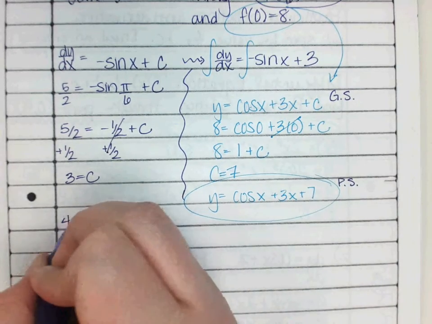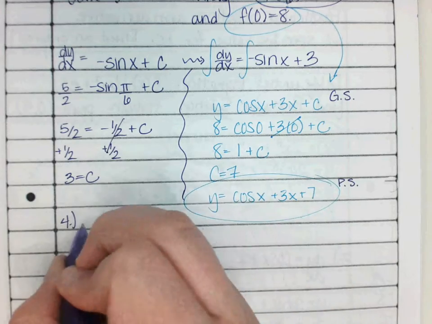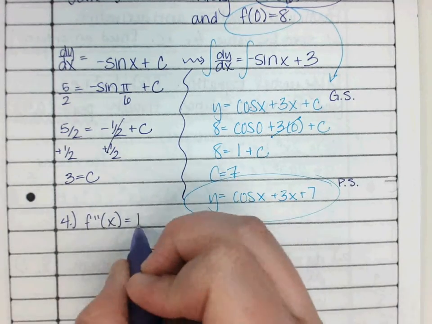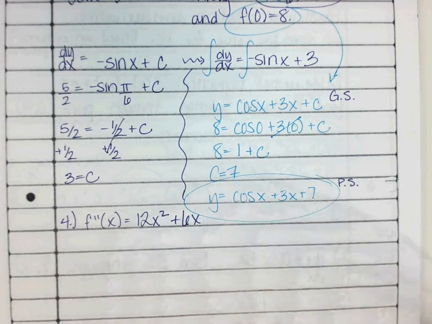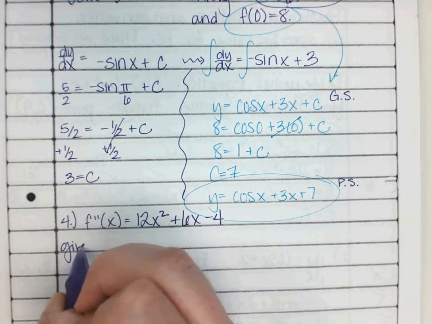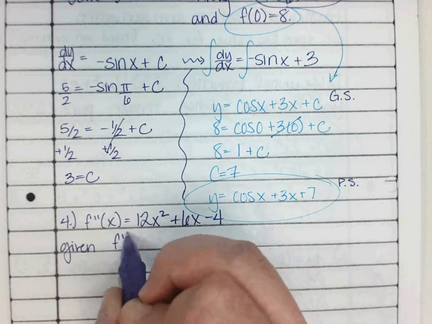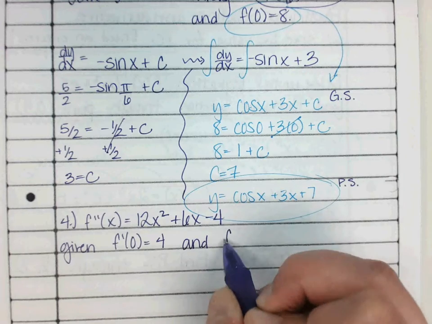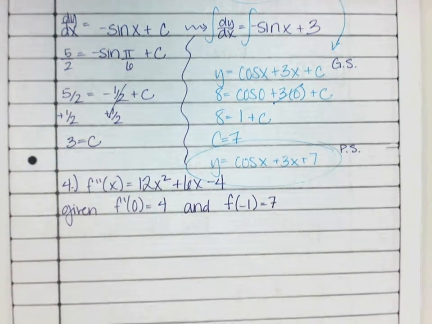We have one more left. Okay, last one, number 4. F double prime equals 12x squared plus 6x minus 4, and you are given f of 0, f prime of 0 is 4, and f of negative 1 is 7.